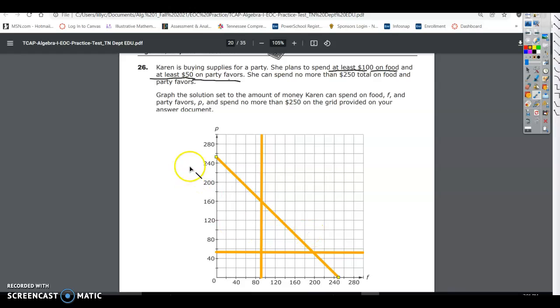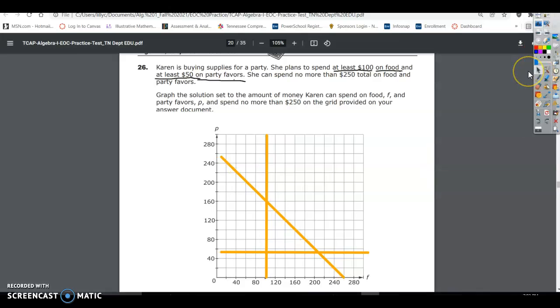So that line represents every combination in between of buying all food and no party supplies, and all party supplies but no food. And we know that if you're going to have a good party, you got to have a decent amount of each. You want some food and party supplies. So let me adjust these lines here a little bit.